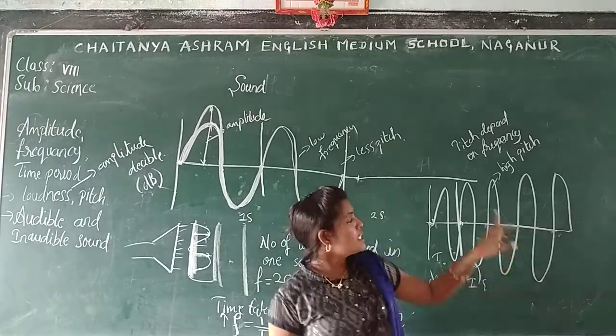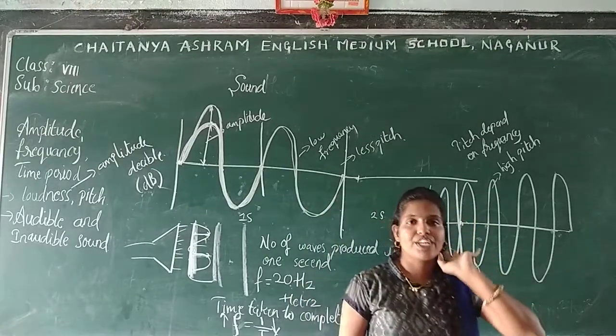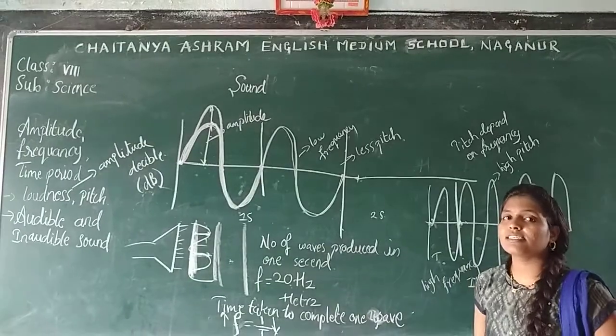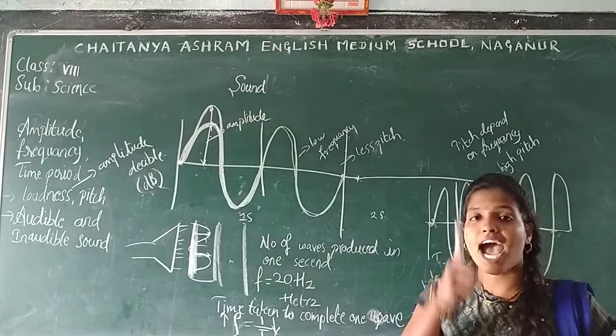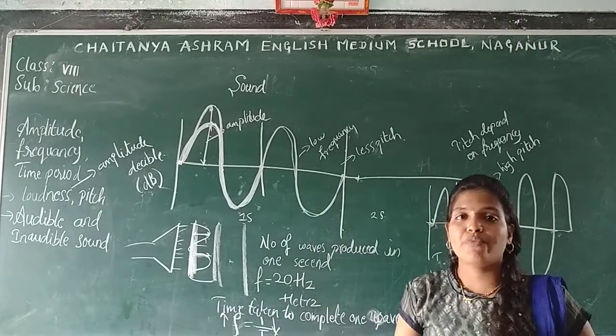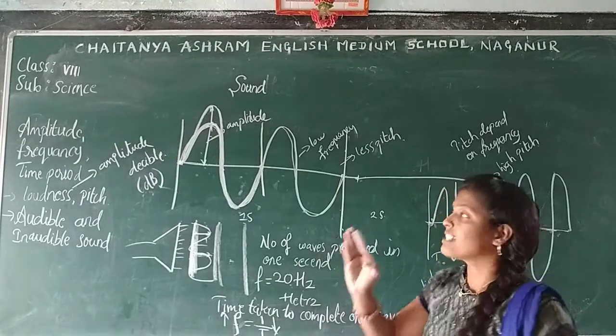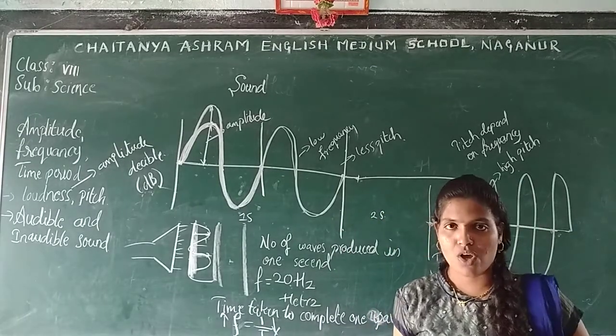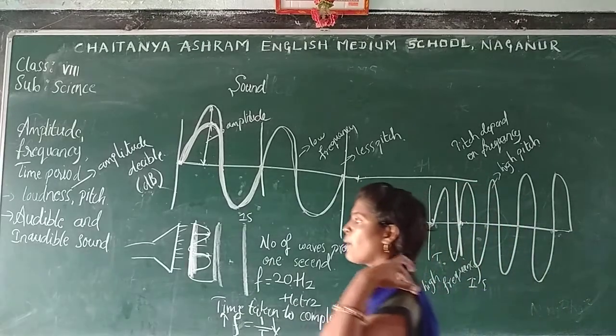Pitch depends on frequency. If the number of frequencies increases, we call it a high pitch sound. If the number of frequencies decreases, we call it a low pitch sound. Okay dear students, very good.